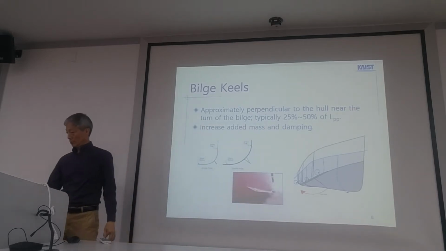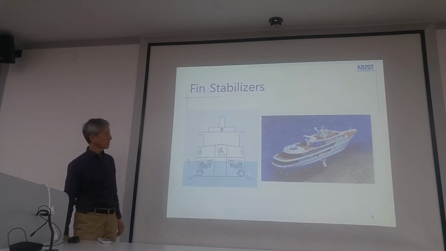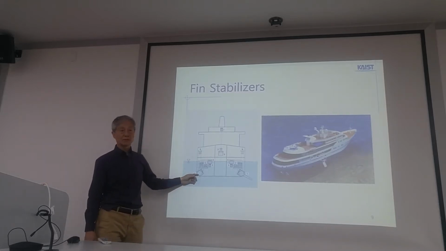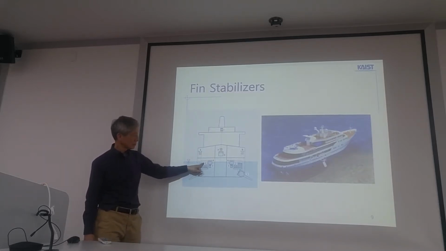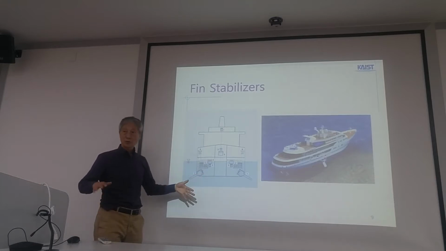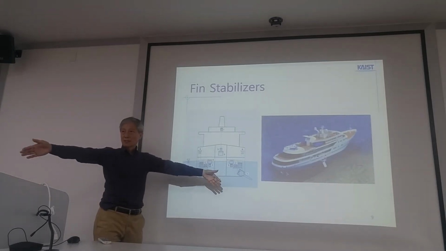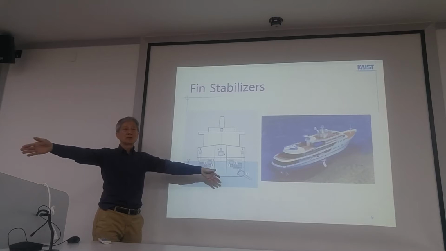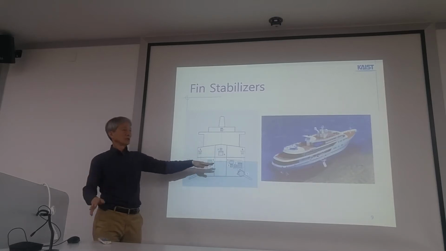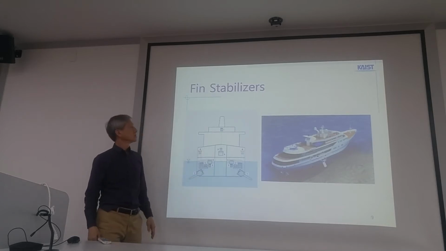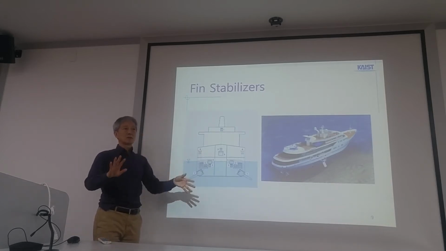Against roll motion. Fin stabilizer is an active fin. There is a machinery here to control the size and angle, so it can give you dynamic forces to reduce rolling. Right? So you need to have some synchronizing.